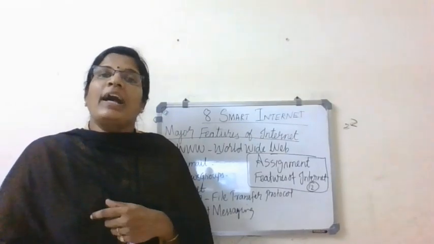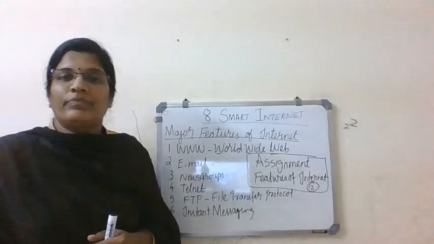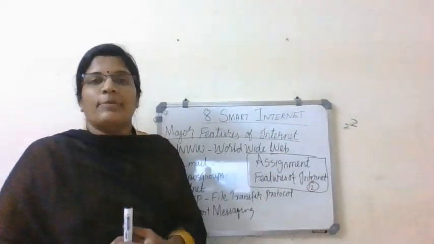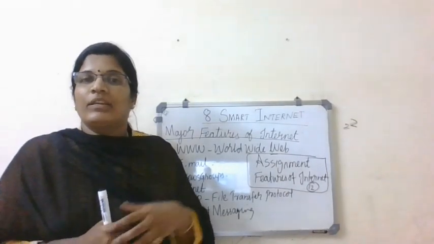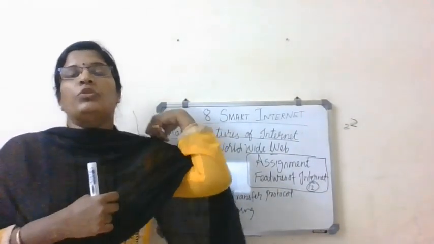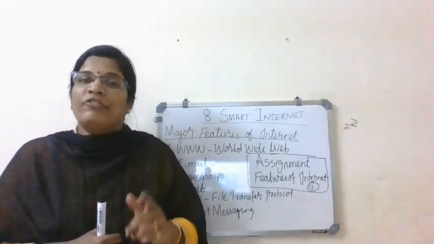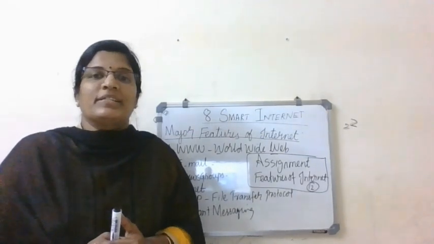Similarly, I need a total of 12 concepts, including all these 6. The assignment is features of the internet. The last day to submit is next Friday, not this Friday. Clear?